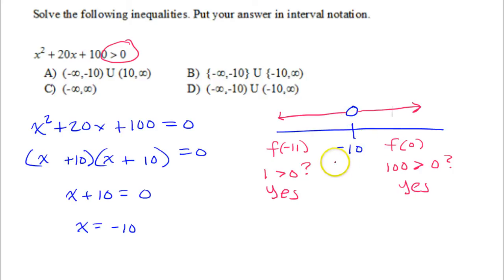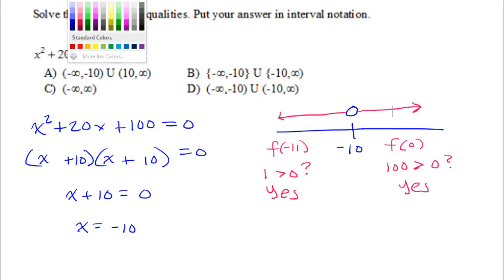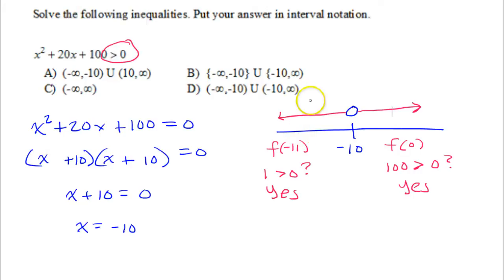We are supposed to put our answer in interval notation though. So I am going to have two separate intervals, one for the left arrow and one for the right. So this left interval goes from negative infinity to negative 10. Okay, round and round.